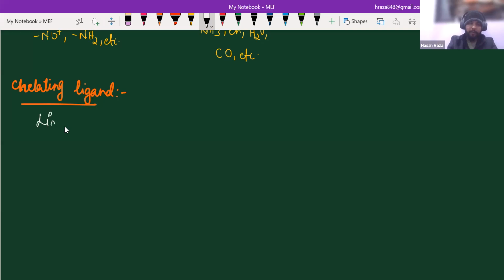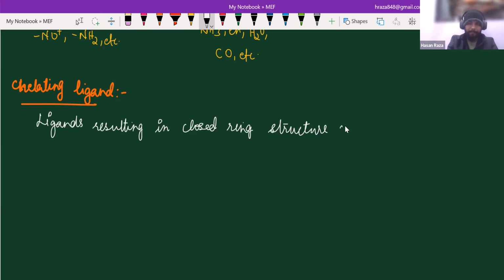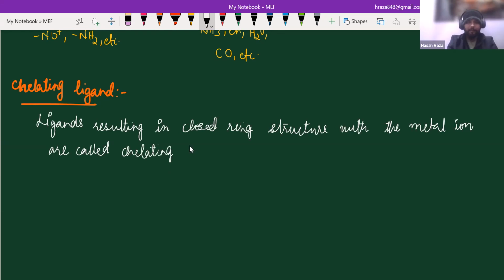So I'm going to write the definition, write with me: ligands resulting in closed ring structure with the metal ion are called chelating ligands.